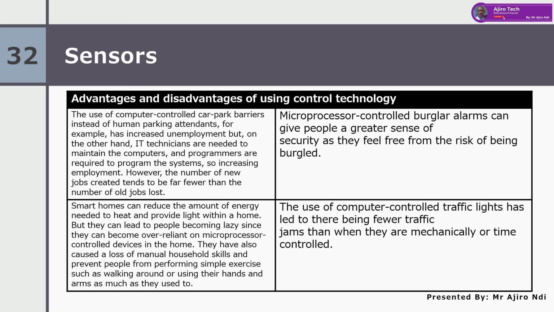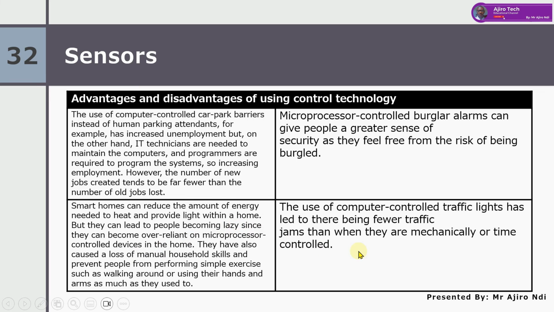But they can lead to people becoming lazy, since they can become over-reliant on the microprocessor control devices in the home. They have also caused a loss of manual household skills, and prevent people from performing simple exercises such as walking around or using their hands and arms as much as they used to.